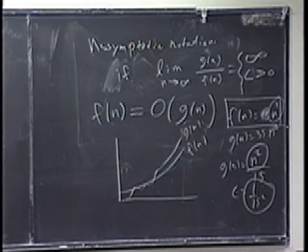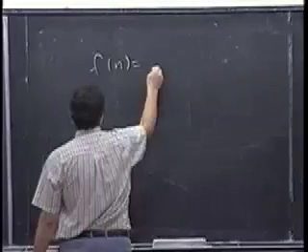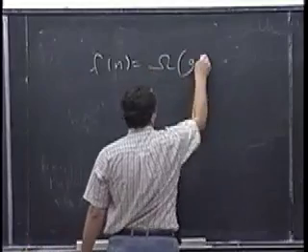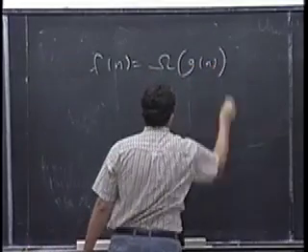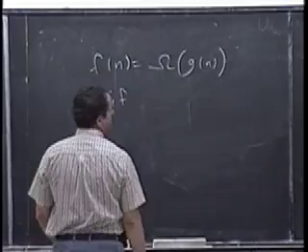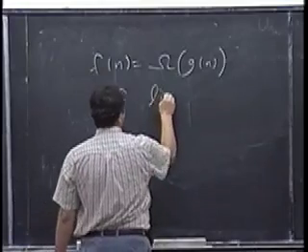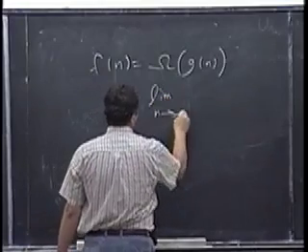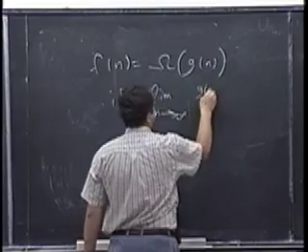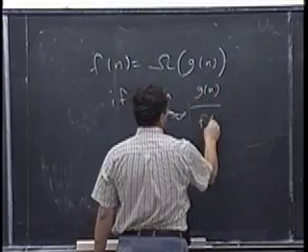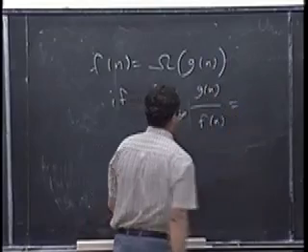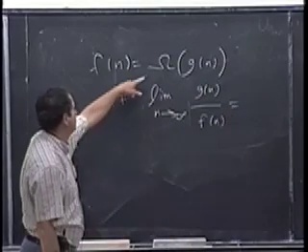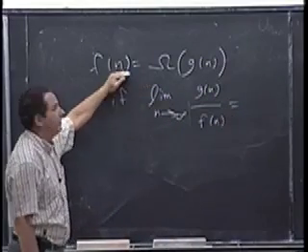Well, there are two other functions that are of importance. F of n is omega of g of n. And this is when the limit as n goes to infinity of g of n over f of n exists.